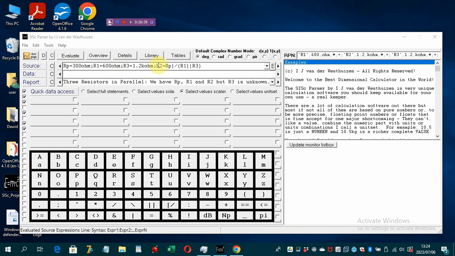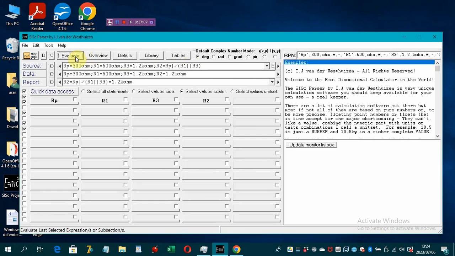So basically R2 is the parallel resistance Rp, and then you subtract the parallel sum of R1 and R3. Those two you put in parallel, and you subtract it from the total parallel resistance Rp to get the value of R2, and here it goes.